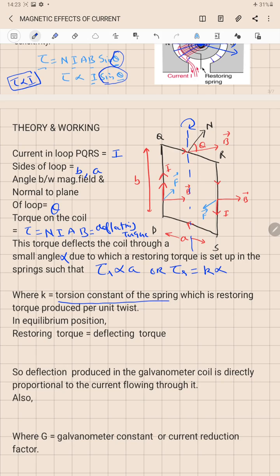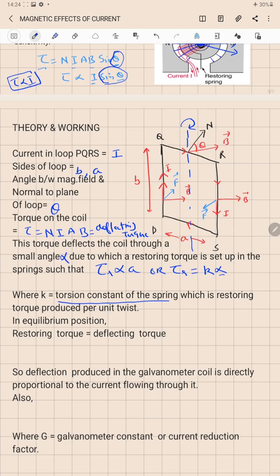Now in the beginning, when a current I is passed through the coil, immediately a deflecting torque NIAB acts on the coil, which will slowly turn the coil from the initial position to the final position by an angle alpha.